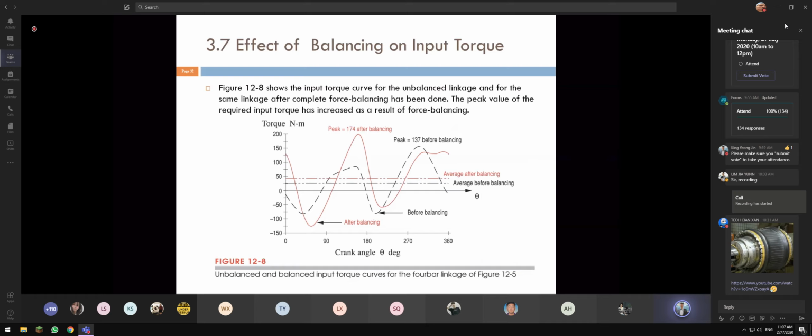So we have Figure 12-8, which shows the input torque curve for the unbalanced linkage and for the same linkage after complete force balance has been done. The peak value of the required input torque has increased as a result of the force balance. Before balancing, we get this curve, and the peak torque is only 137 Newton meters.